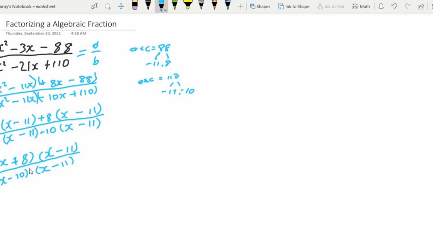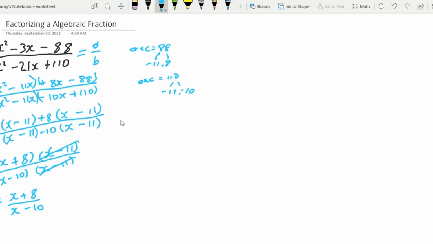And that is why we got it right here. So now we are left with this. We can cancel these terms to reduce our algebraic fraction, which will now be equal to x plus 8 over x minus 10. That would be our algebraic fraction.